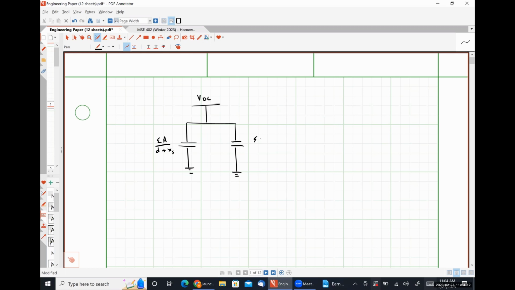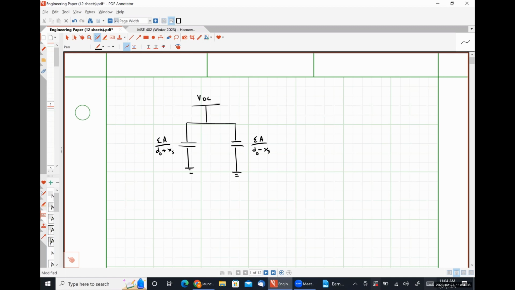And this one over here is going to have a capacitance of epsilon A over D minus XS. So this is just simple parallel plate capacitors where there is some amount of displacement. And I'm going to call this D naught, representing the unbiased capacitance, so neglecting electrostatic forces.